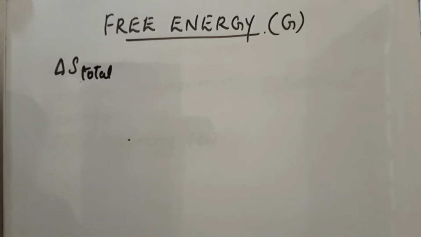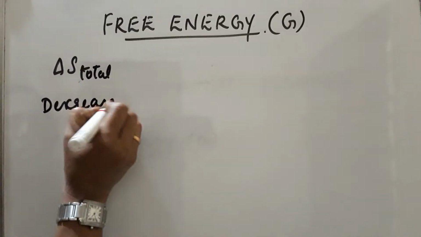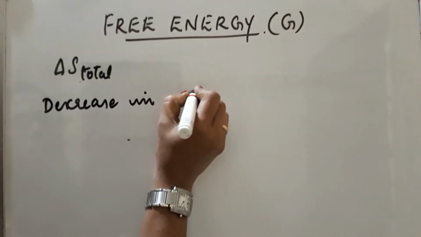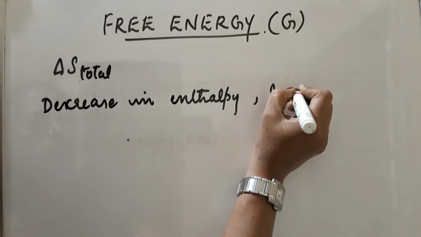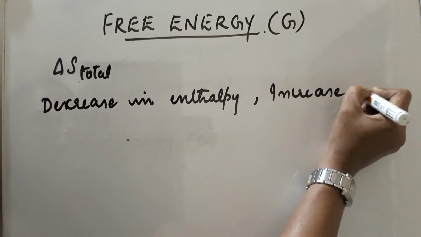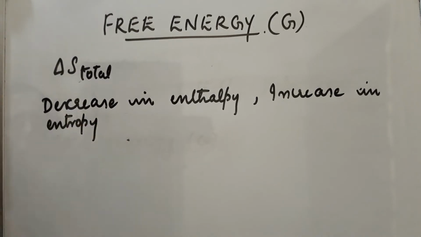So, neither decrease in enthalpy nor increase in entropy determines the direction of spontaneity change. So, a new term was introduced and it is called free energy, or we can say Gibbs free energy. It is denoted by G.